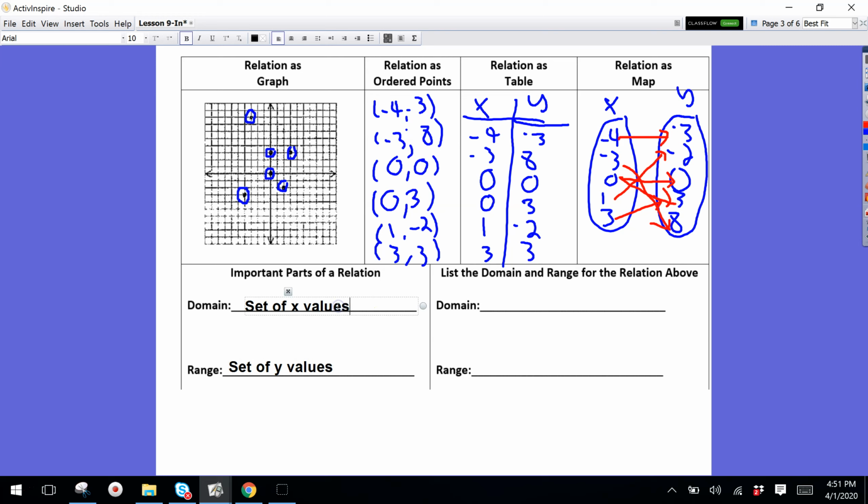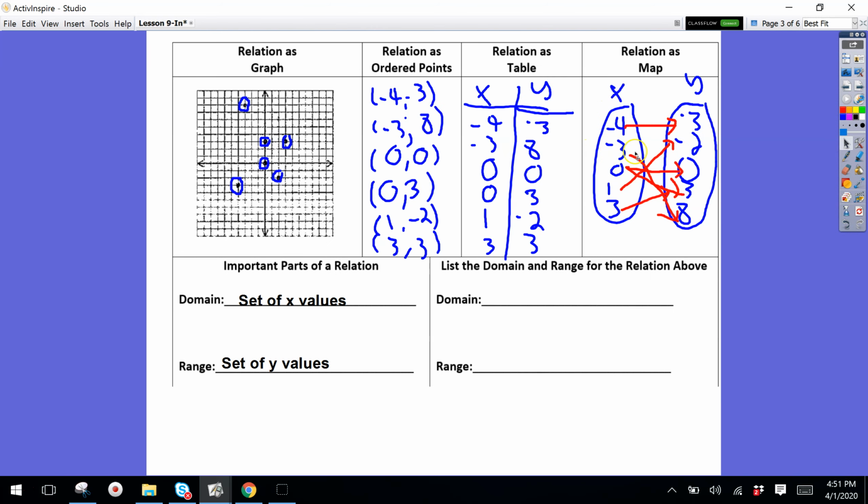In this case, it's easiest to see the domain in the last thing that we did. We have our list of numbers. When I'm saying a list of numbers, we want to make sure we're using proper notation. We're listing out the numbers, and if they repeat, we're not saying it twice. I know that the 0 repeated here for the x, but I'm not going to write it twice. Whenever we're talking about a set, we use these curly brackets to put in our set.